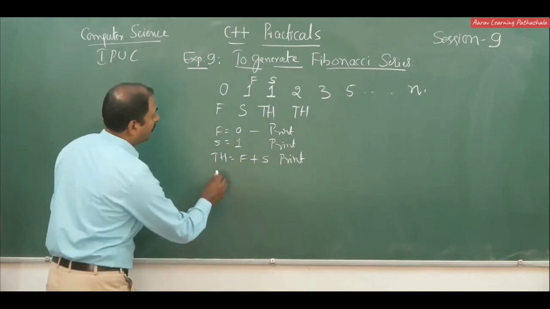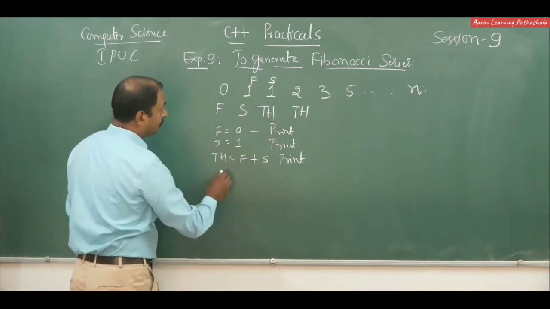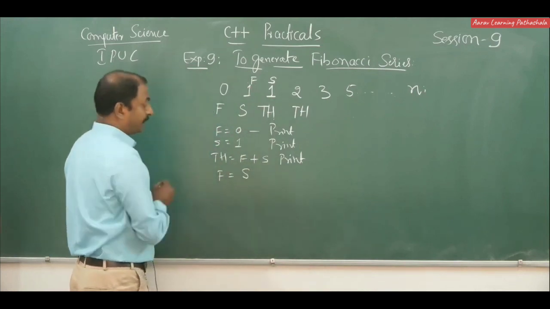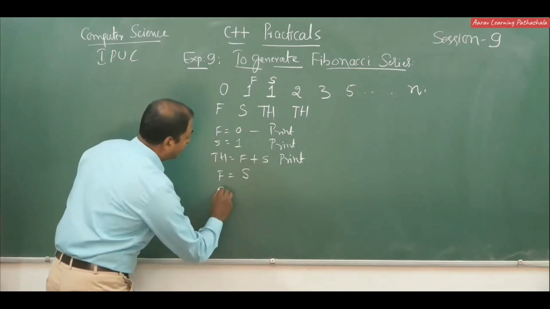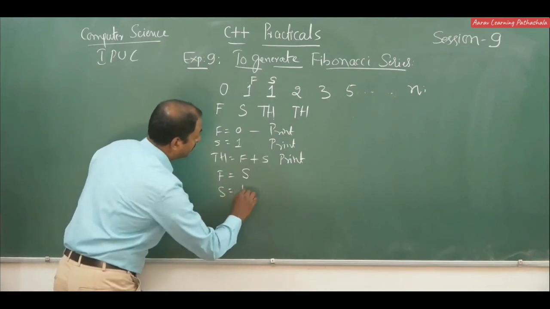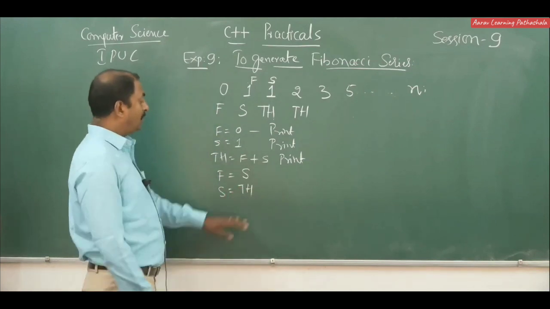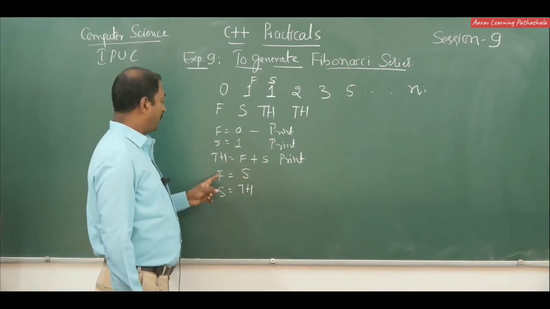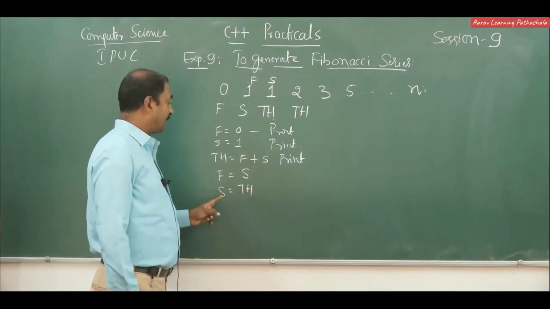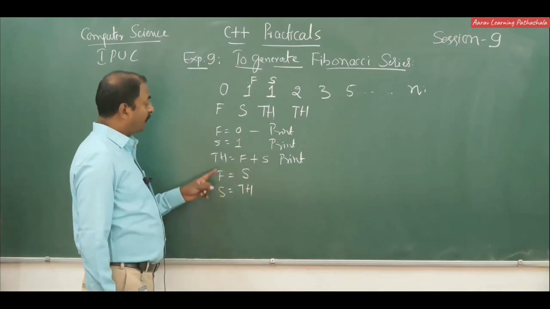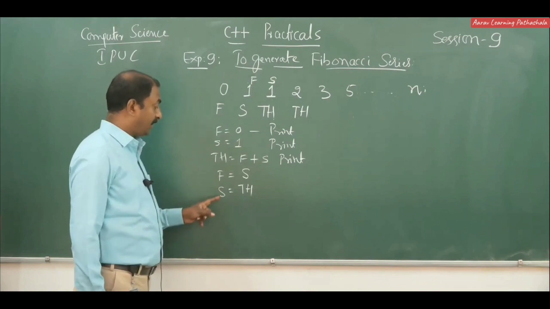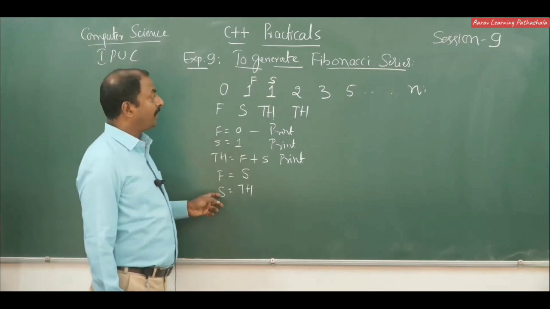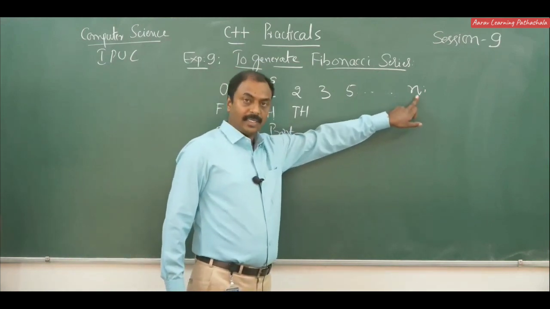Then next we have to replace: the first value is your second term, and the second term will be the third term. So the second number will be the first number and the third number will be the second number. We have to add f1 plus f2, first and second term, to get the next term. This process continues till we reach the given limit n.